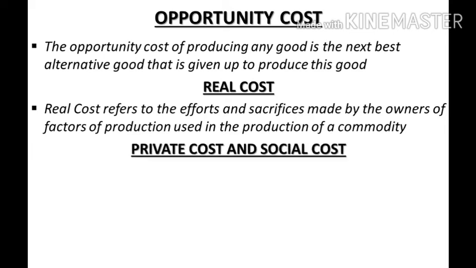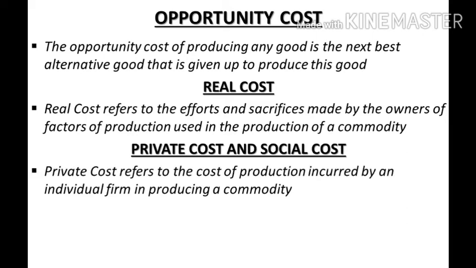Then next is private cost and social cost. Private cost refers to the cost of production incurred by an individual firm in producing a commodity. I hope this is very simple. I need not explain it anymore. For an individual producer, cost includes both explicit cost as well as implicit cost.